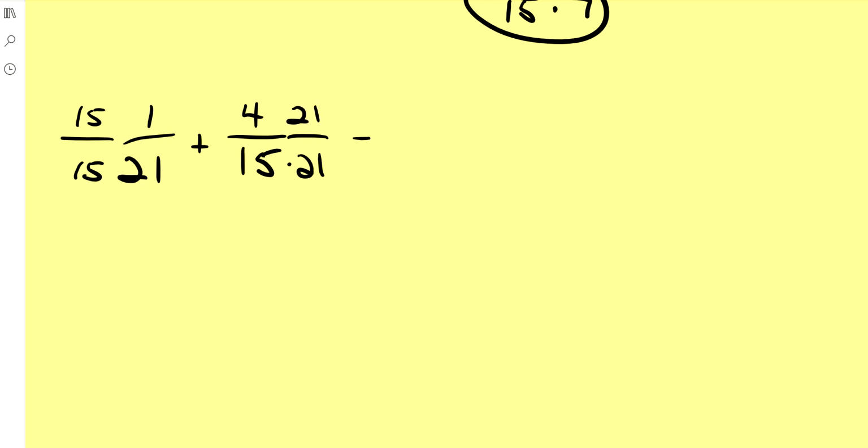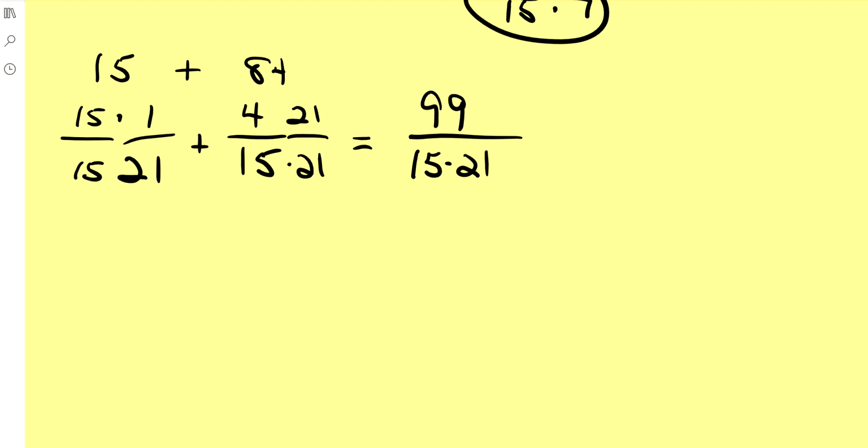Okay, as I bring it over now, I've got my denominator is 15 times 21, and my numerator is going to be 15 times 1 is 15, plus 4 times 21 is 84. And 15 plus 84 is 99. 4 plus 5 is 9. 8 plus 1 is 9.